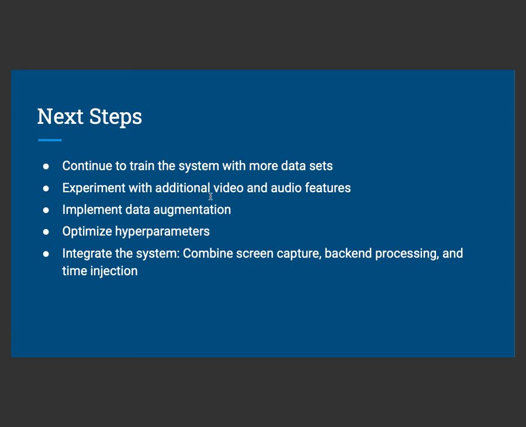For our next steps, since we're dealing with a lot of overfitting, we have to obtain more data. We should record our own videos, search for more videos on the internet of single-person frontal speakers, experiment with additional video and audio features, and also implement data augmentation, which involves shifting the video a little bit and flipping the video to artificially increase our training data.